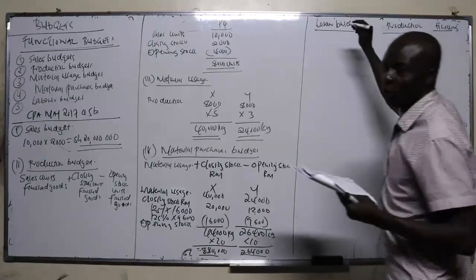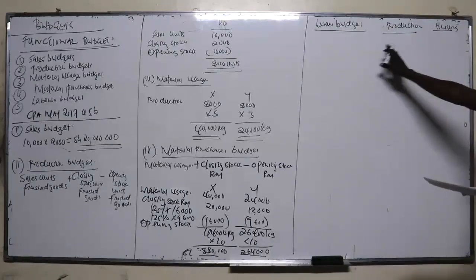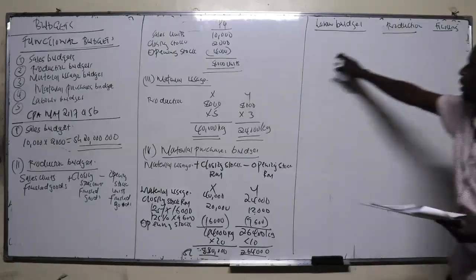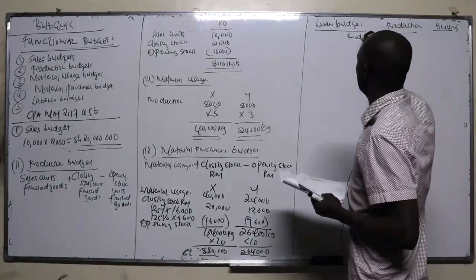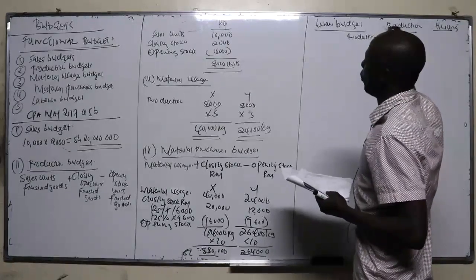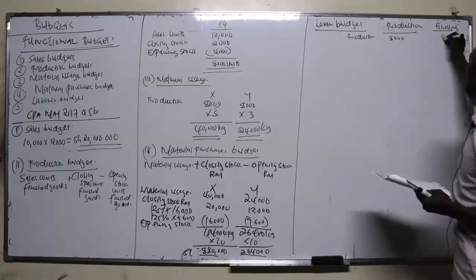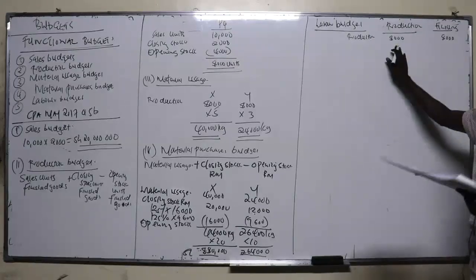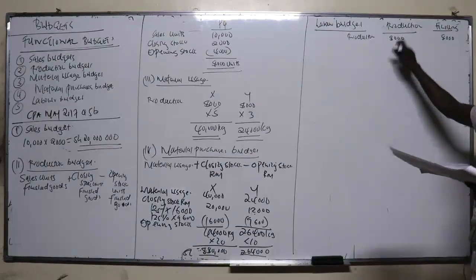So these units that are going to be produced must go through these two departments. So here you write production. Production, these are 8,000 units, isn't it? So this 8,000 will require 4 hours per unit in production, isn't it?